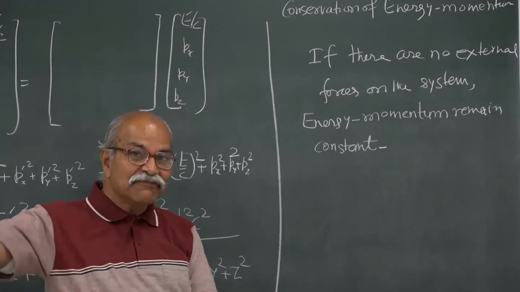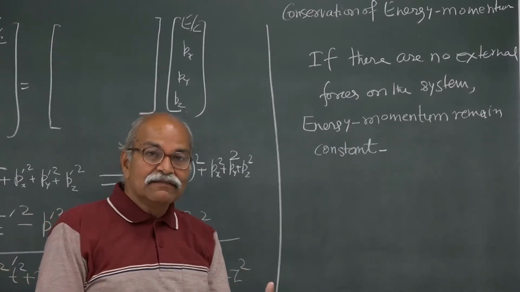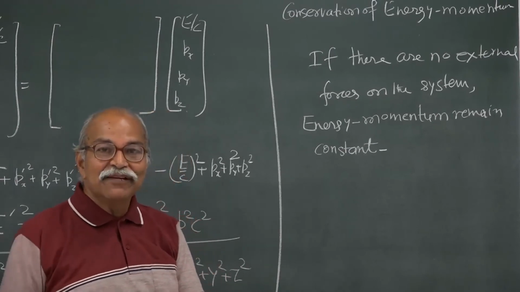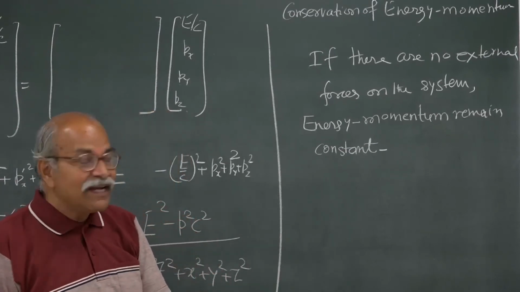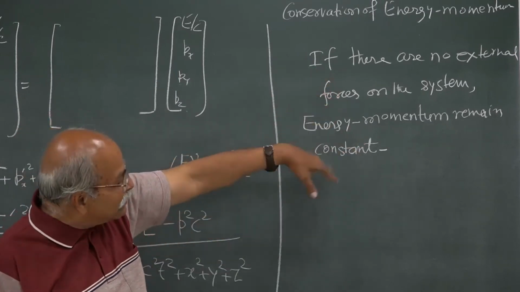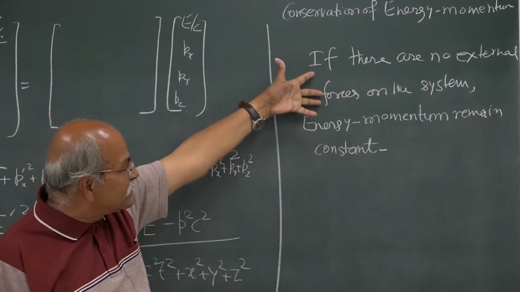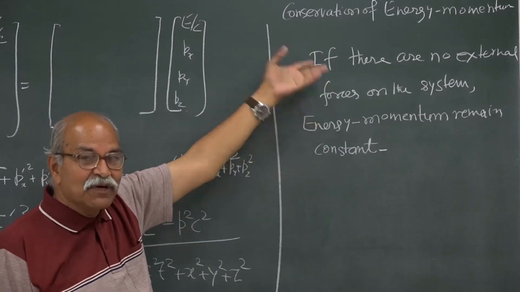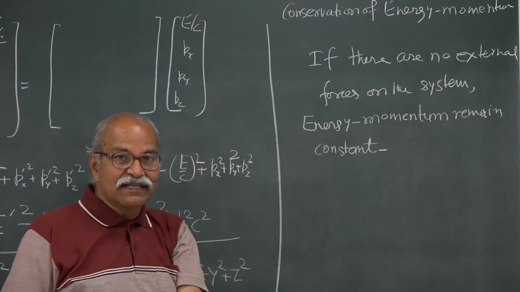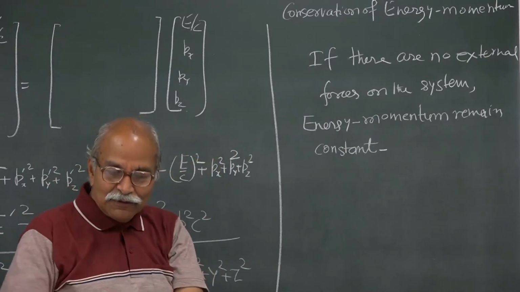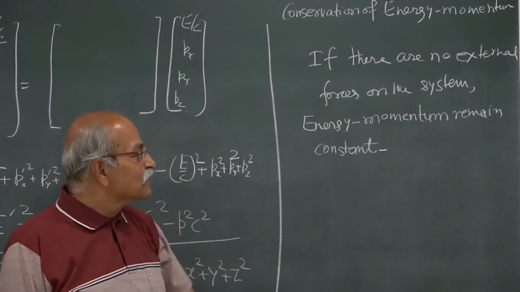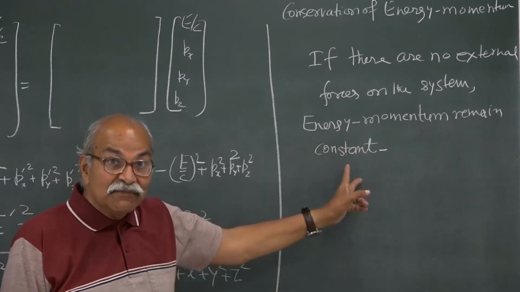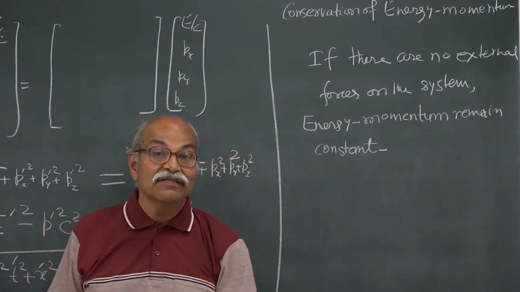So when I am changing the frame and finding the value of some quantity in this frame and that frame, and it is the same, then we say it is invariant. And here, as a function of time, some interaction is taking place within the system, not from external forces. Because of that, configurations are changing, and we see that in all those situations this energy momentum remains constant. Remains constant means all the four components remain constant.